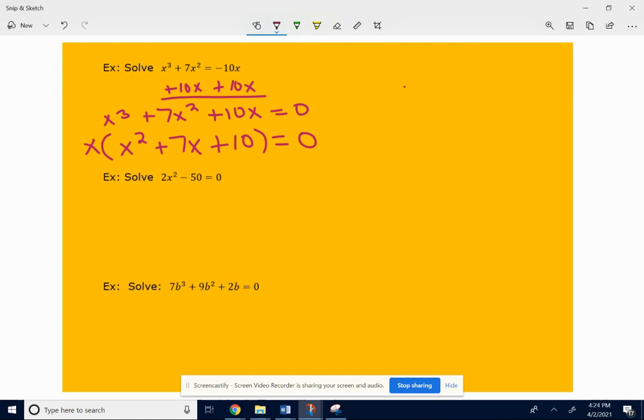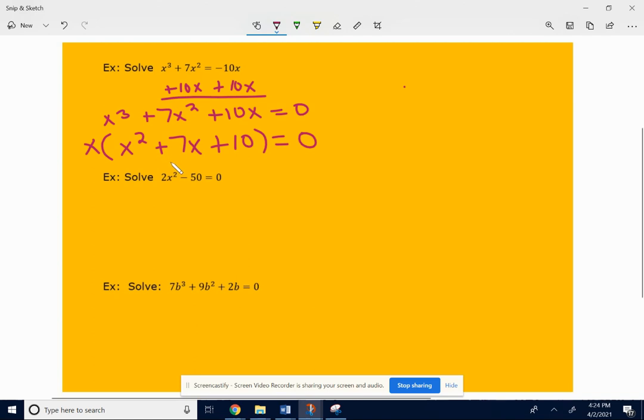So now, after we took out our greatest common factor, we have x times x squared plus 7x plus 10 equals 0. We still need to keep factoring, because we still have x squared plus 7x plus 10. This is an easier trinomial. See how there's no number in front of x squared?